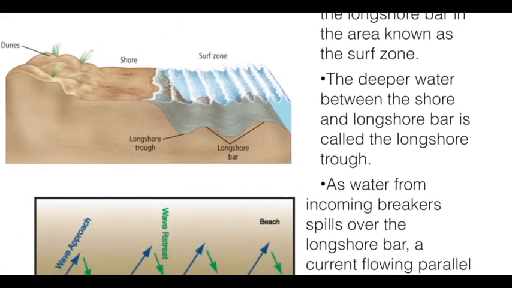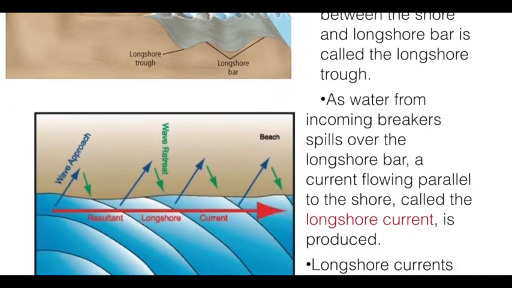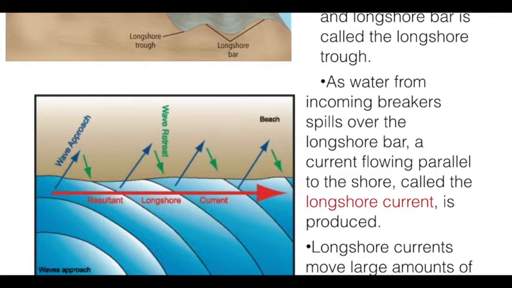Now, since you have some of these bars and the waves are coming in at angles, you end up with a back and forth energy-wise, where the waves are punching into the side at an angle and then reflected off of that cliff or off of the shore or off of the beach.